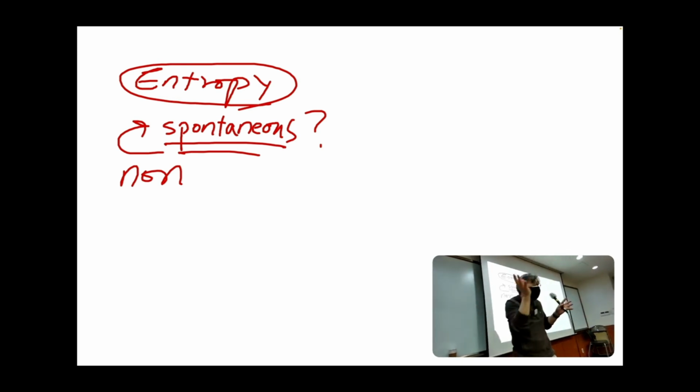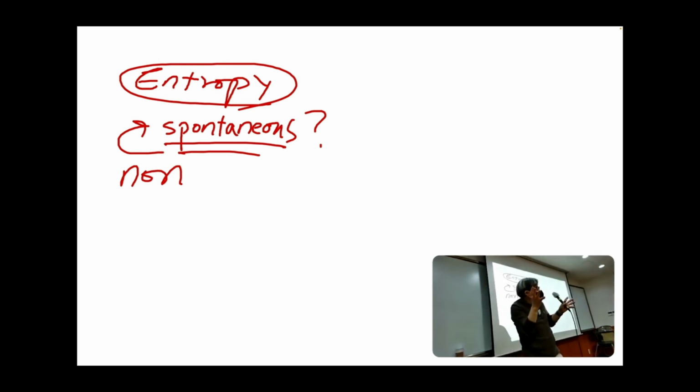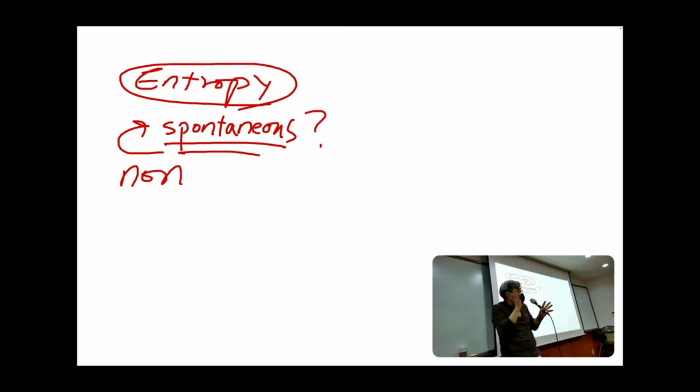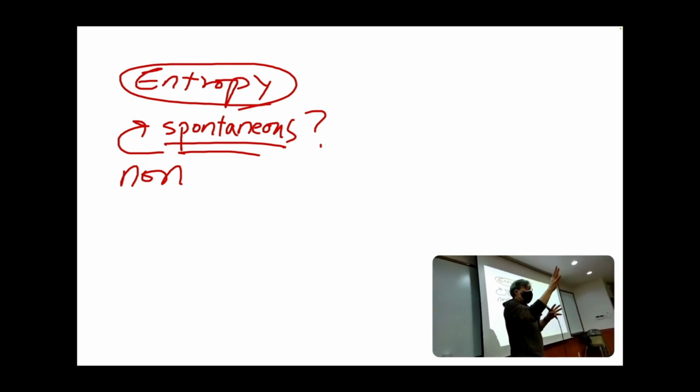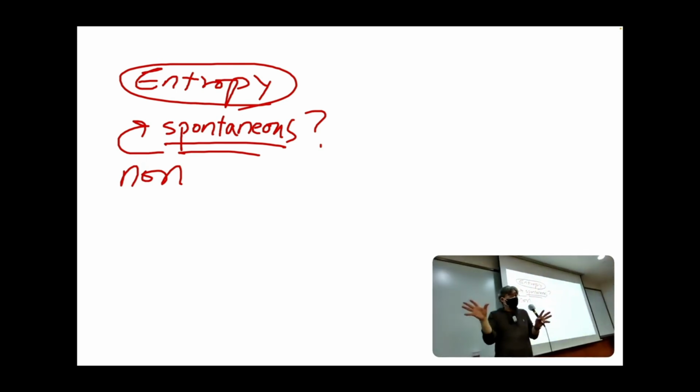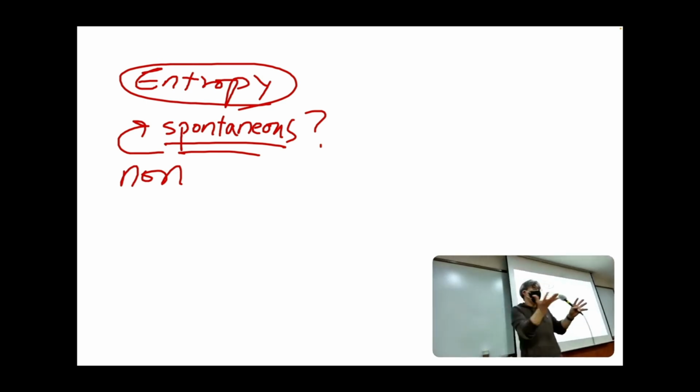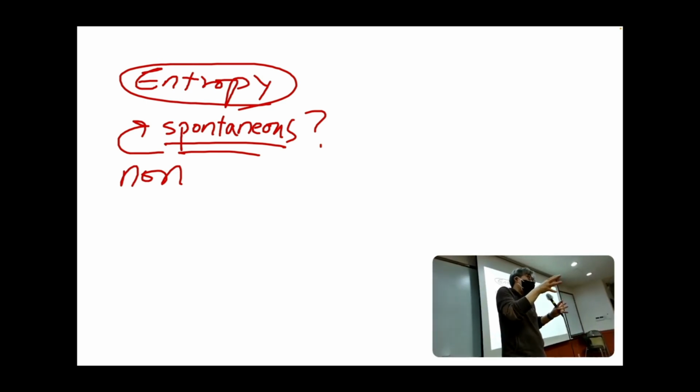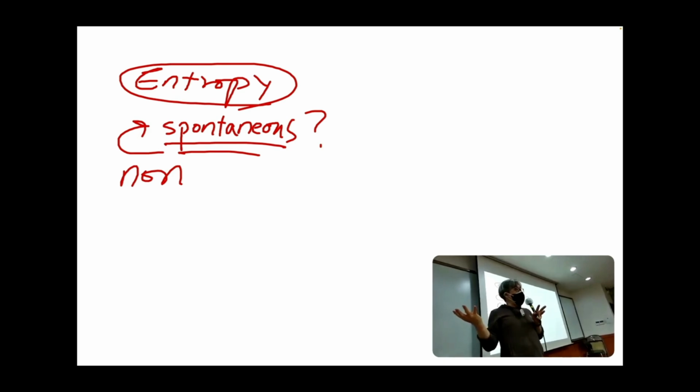Actually, the cell, an extremely complex and highly organized structure, is very low in entropy itself, right? But the problem is, in the universe, you're not supposed to have this highly organized cell spontaneously.